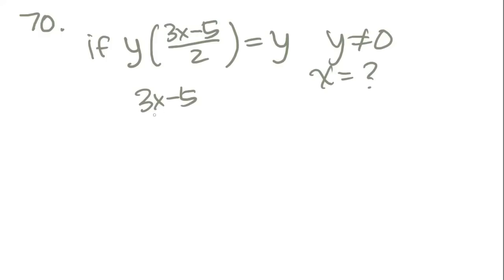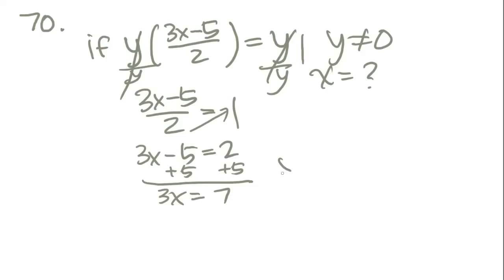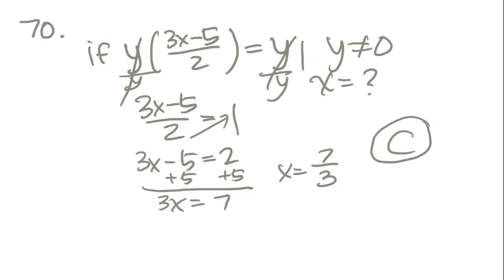For (3x minus 5) over 2, we simply divide both sides by y, and you get 1. So (3x minus 5) over 2 equals 1. Do some cross multiplication. 3x minus 5 equals 2, and then add 5 to both sides. 3x equals 7. X equals 7 over 3. That's answer choice C.